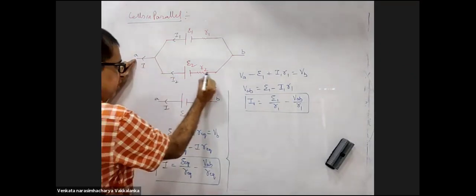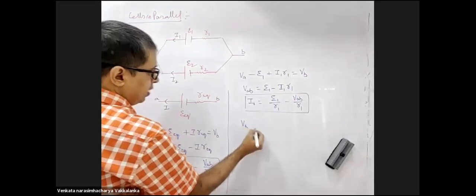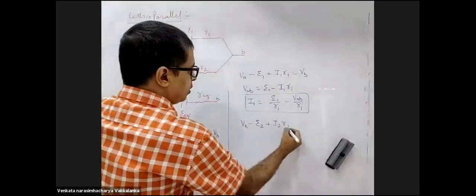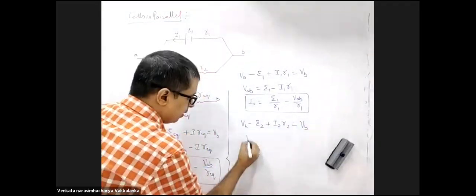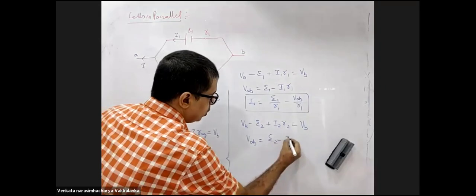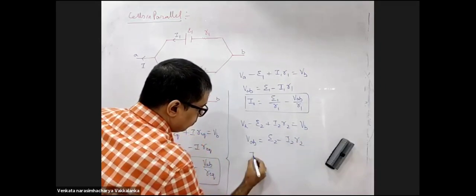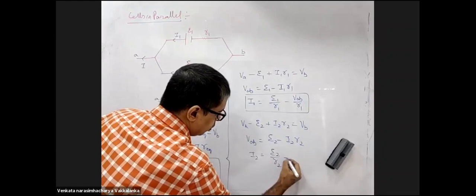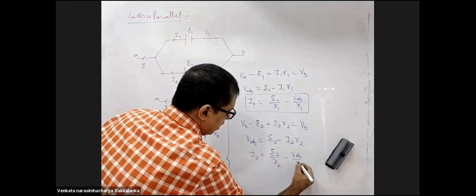Similarly, apply KVL to the lower loop. VA minus E2 plus I2 R2 is VB. VAB is equal to E2 minus I2 R2. I2 is equal to E2 by R2 minus VAB by R2.